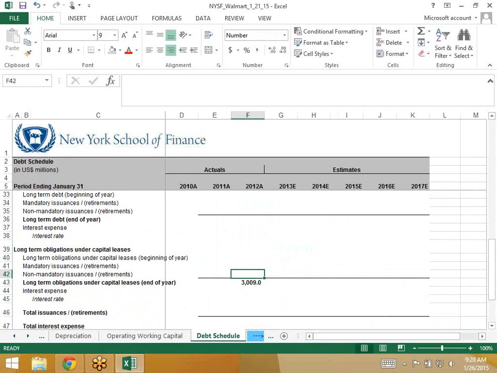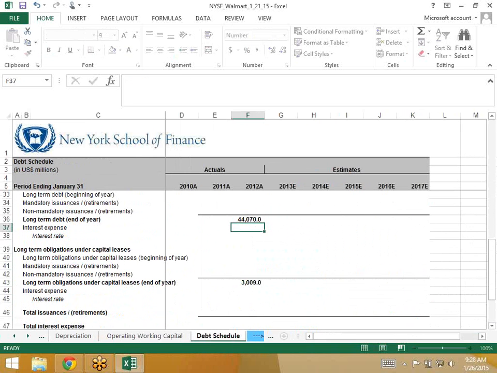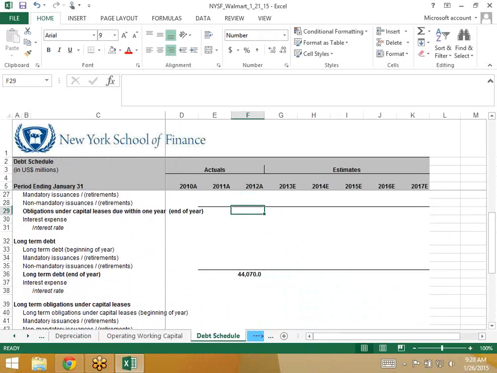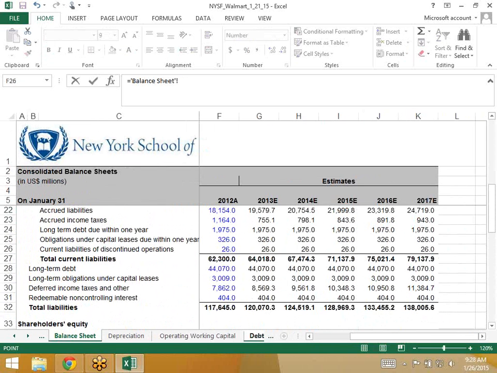We'll do the same with every piece of debt. Long-term debt end of the year is going to be pulled in from the balance sheet. Long-term debt. And so on. Capital leases due within 1 year will be pulled in from the balance sheet, at 326.